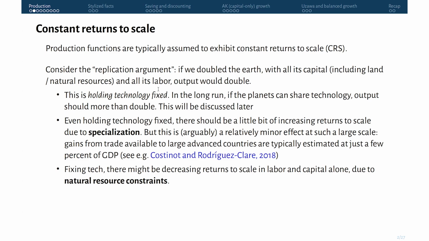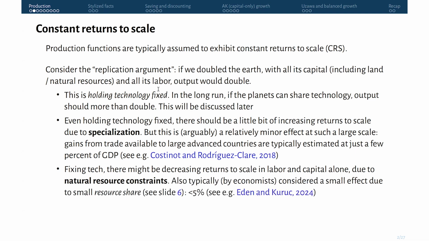And so there might be decreasing returns to scale in labor and accumulable capital alone due to the fixedness of the natural resource inputs. But this is also typically estimated to be a small effect, at least at anything close to current margins.